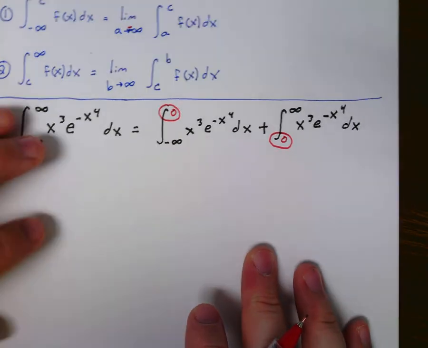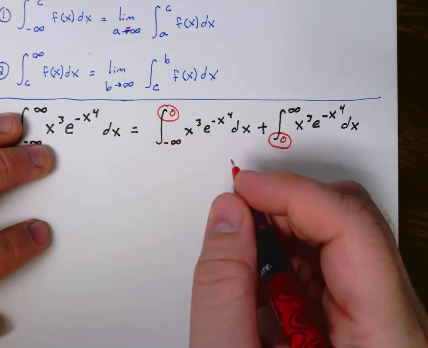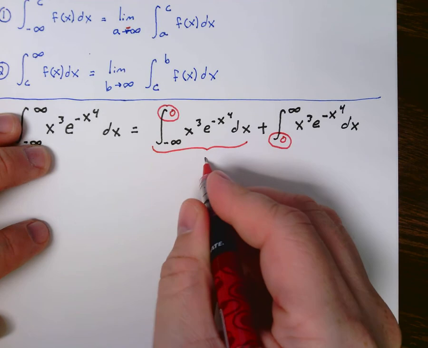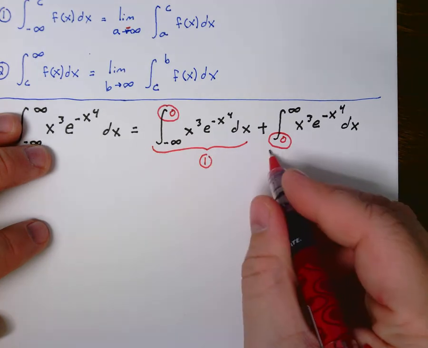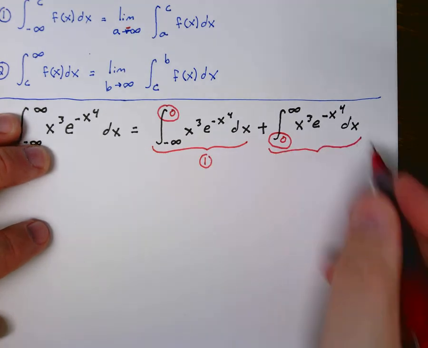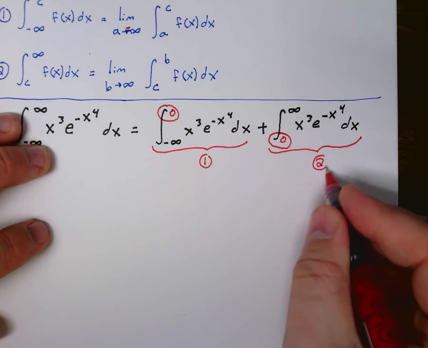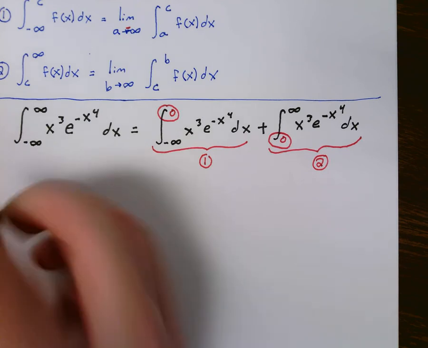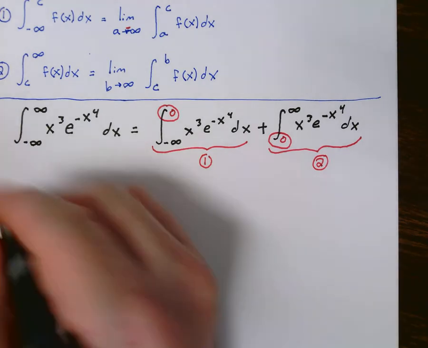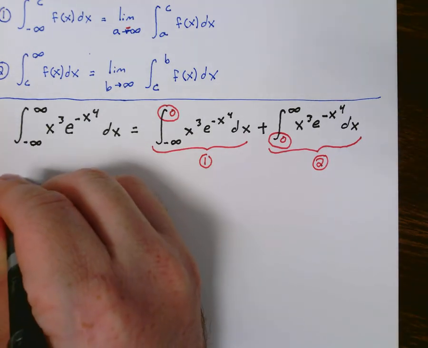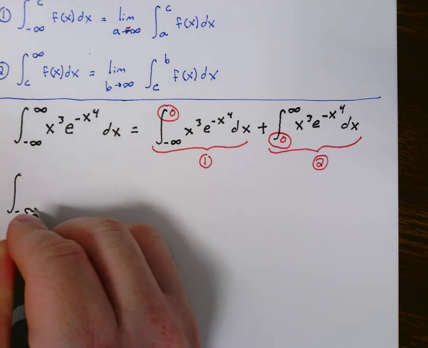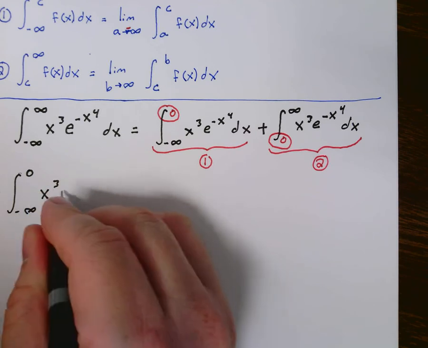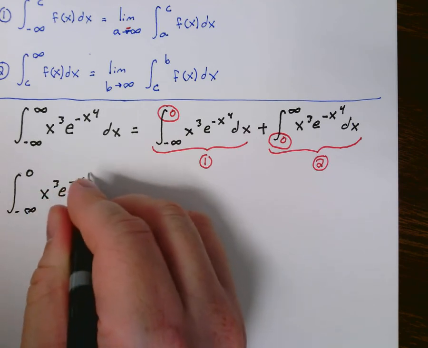Okay, let's do this one. This is going to be called 1, my first integral, and this will be my second integral. Now for the first integral, I want to integrate from negative infinity to 0 of x cubed e to the negative x to the fourth dx.